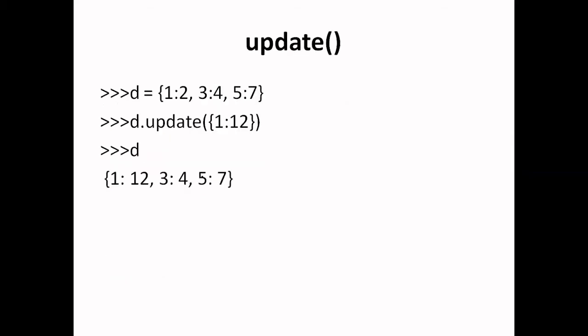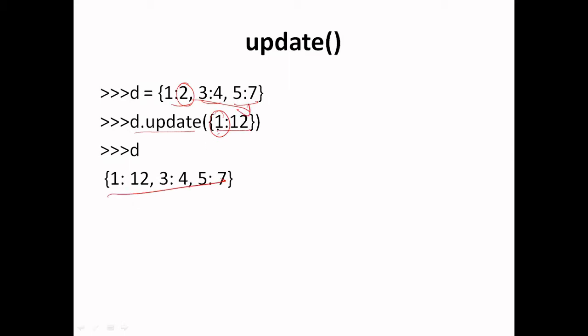Next important function is the update function. It updates a dictionary with a key value pair or another dictionary. Let's have an example. In this example I have a dictionary of three elements. If I call d.update with 1 colon 12, as this key already exists, its value will be updated with the new value 12.